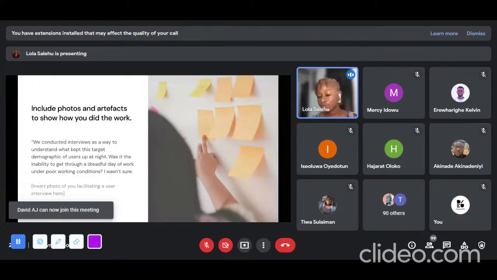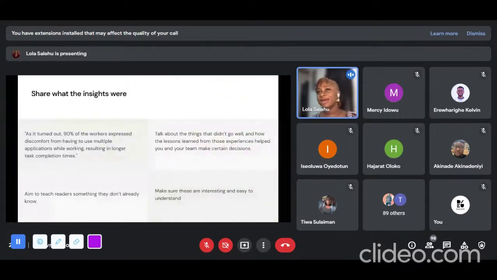The point is, include your artifacts so that it also helps to break long bodies of text and show that you did the actual work. And then in relation to that, you want to make sure that it's a priority to share what you learned from each step.